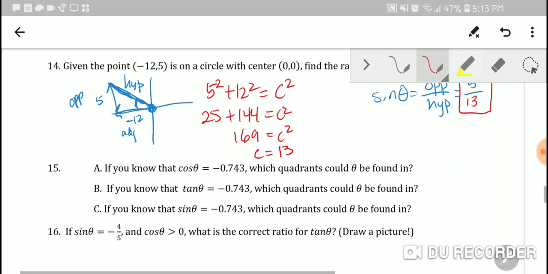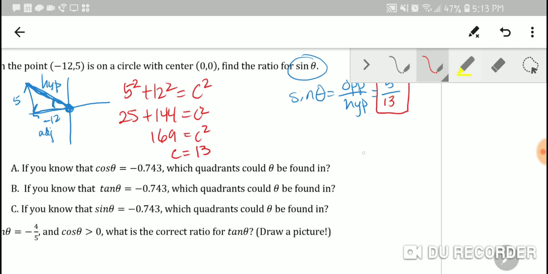Okay, so for number 15, you just really need to understand your quadrants for sine, cosine, and tangent, and when it's positive and when it's negative. So let's start out with sine. Sine is our y value. Y is positive in first quadrant and second quadrant, negative in third and fourth quadrant. Cosine is your x value.